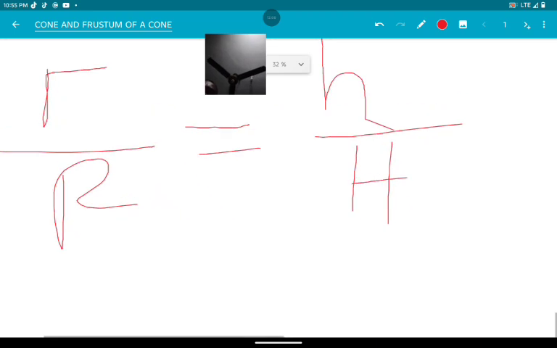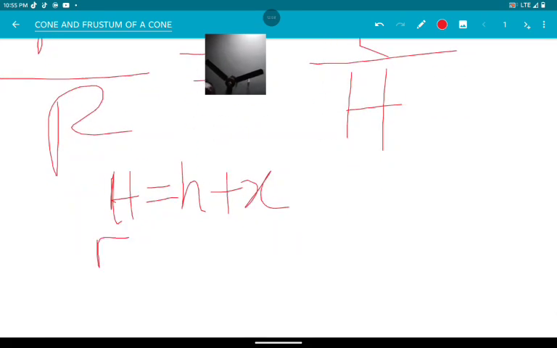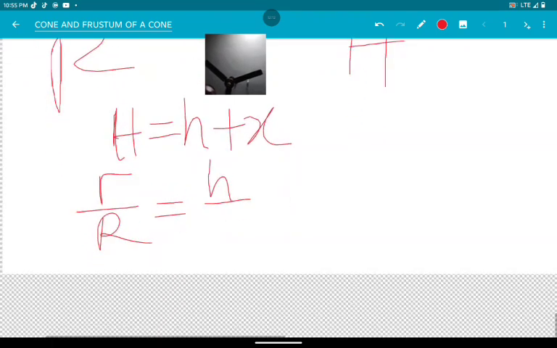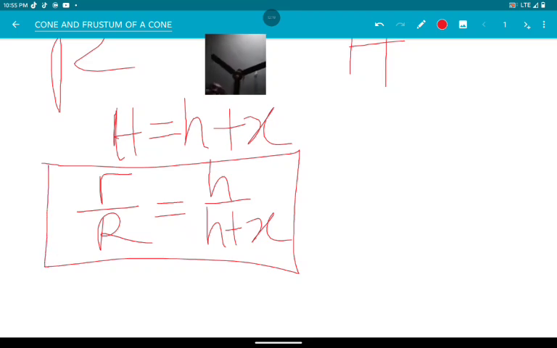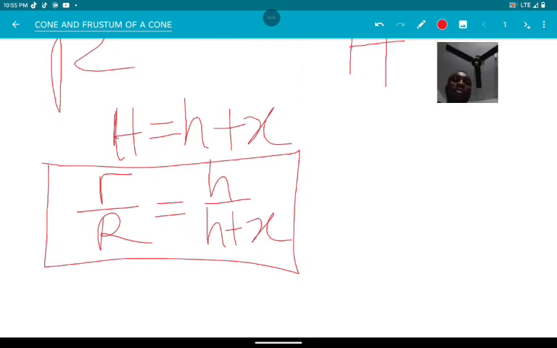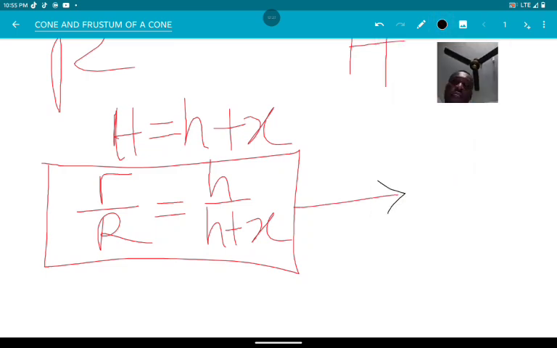But we have said that big H is equal to small h plus x from above. So we can say small r divided by big R is equal to small h divided by small h plus x. If you want to calculate any problem under frustum of a cone, and you don't understand this one that I just did here, ladies and gentlemen, you can't solve any problem under frustum of a cone.